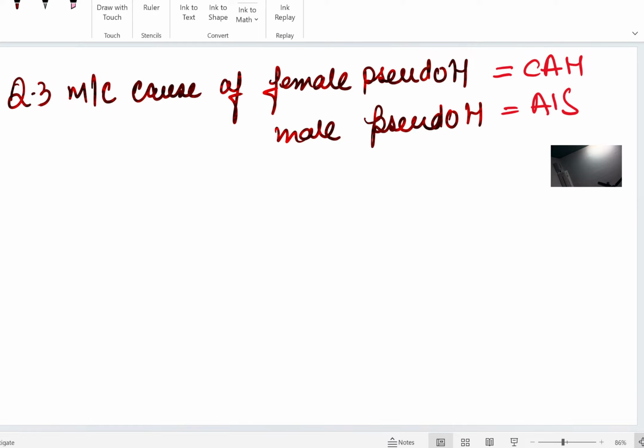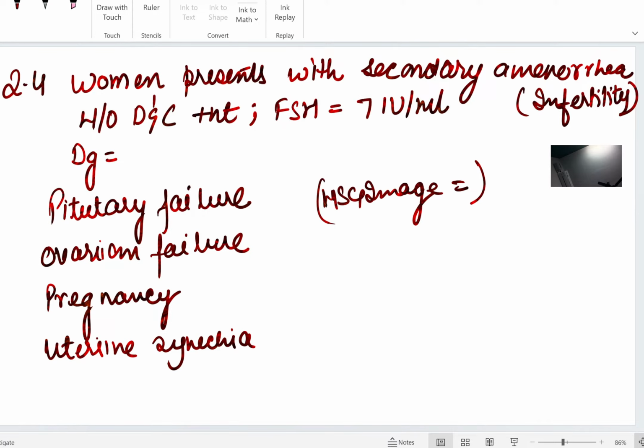So the answer is androgen insensitivity syndrome, and in the male it is AS. Very good. What is the answer to this?